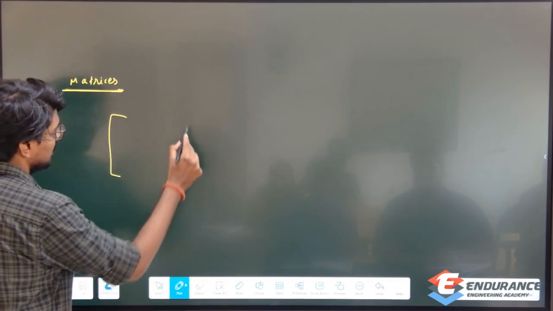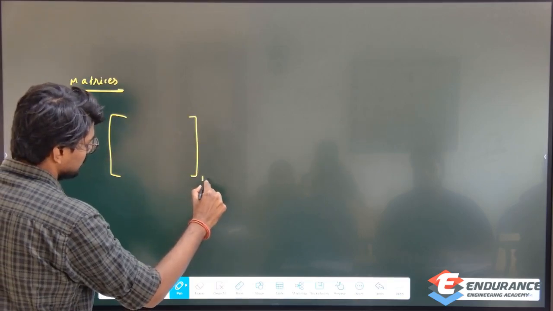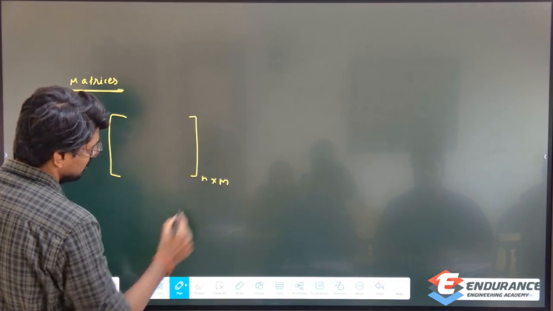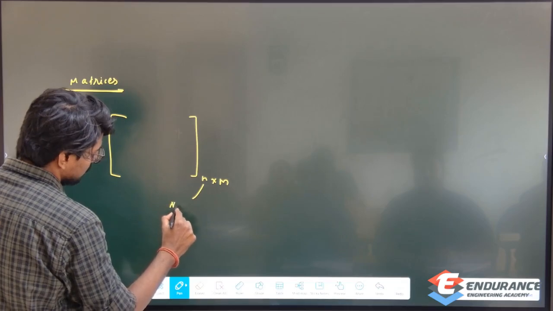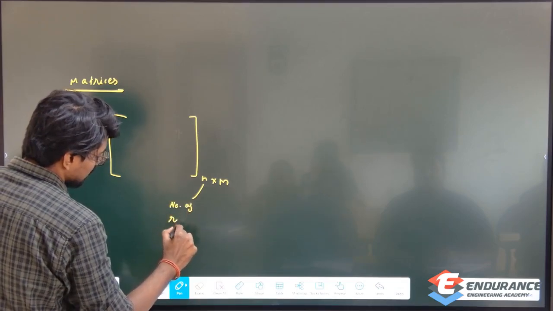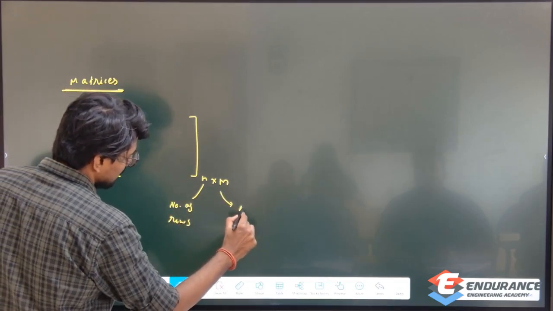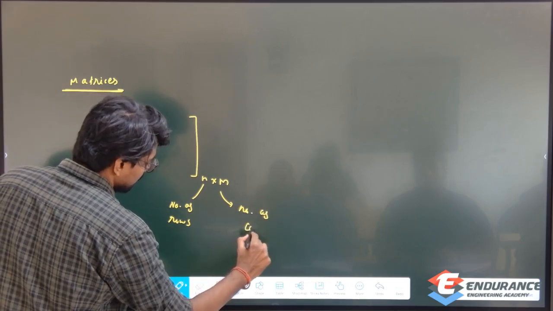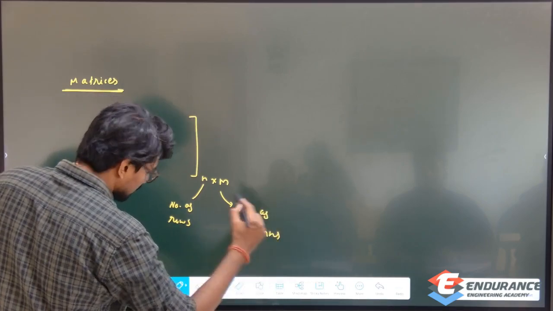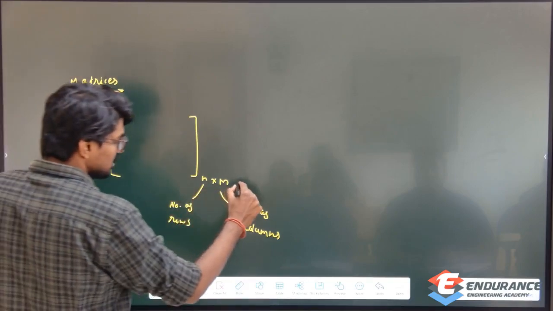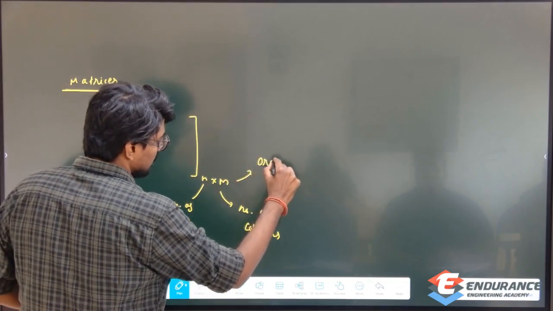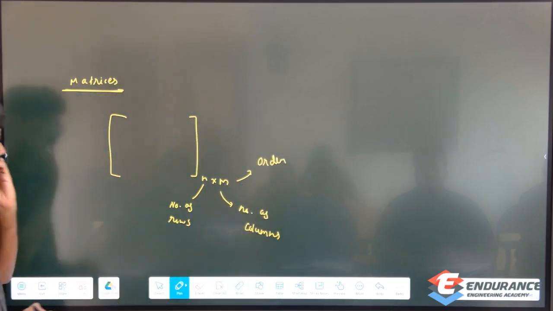These are very basic ideas. Suppose I represent n cross m, n indicates the number of rows, m indicates the number of columns, and this n cross m indicates the order of the matrix.